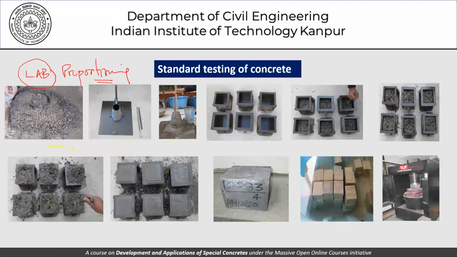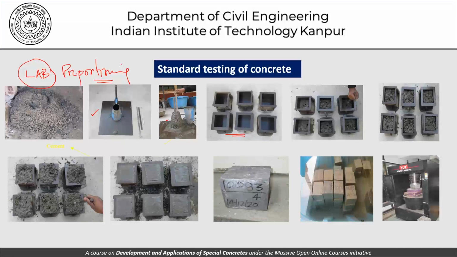We've already gone through the proportioning part of it. We have some concrete, we mix it with a certain proportion, we carry out the slump test, the way it's shown here. Then we fill out these cubes. Cubes we fill in India, in other countries you may fill some other specimens, maybe cylinders. We have them in 2 layers or 3 layers, whichever is prescribed in the code.